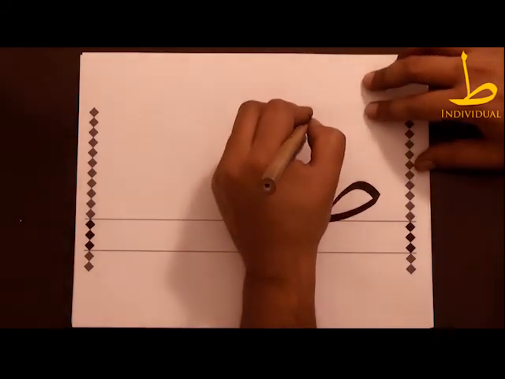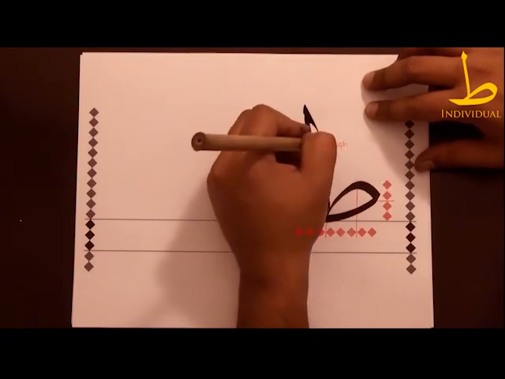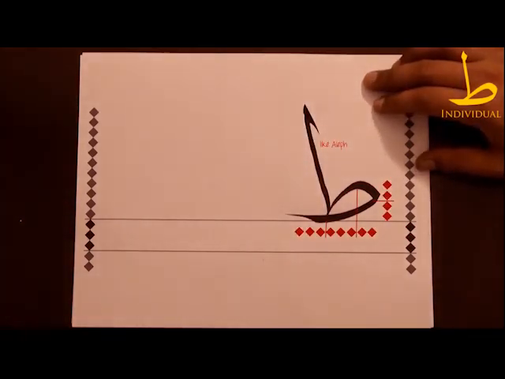And here we are. And we can go ahead and add the flick on top of the Alif. And here are the measurements for the letter Ta.